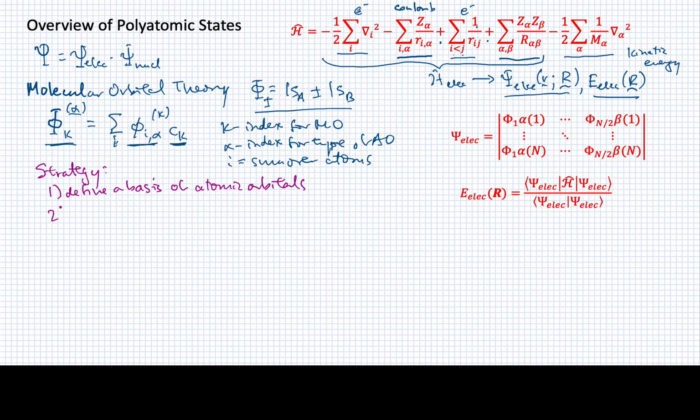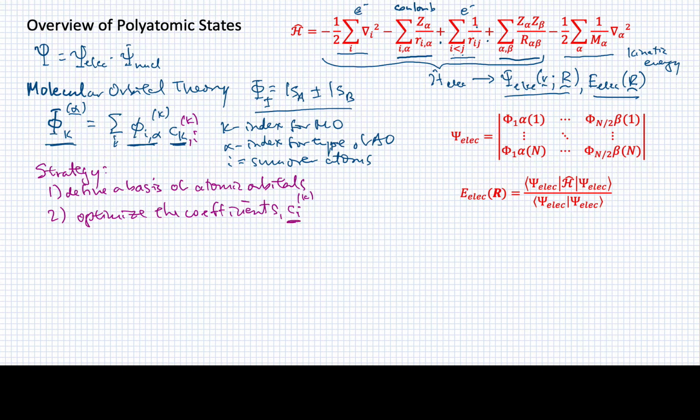All right, the second part of the strategy is we're going to optimize the coefficients C sub k. And actually, I probably should have made that C sub I, because we're adding over all of these terms. Okay, there's C sub I for the kth molecular orbital.